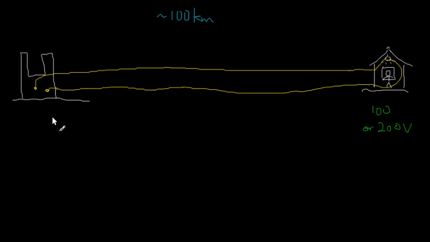Now, the usual way this is done is that the power station will first generate this voltage at a few hundred volts.